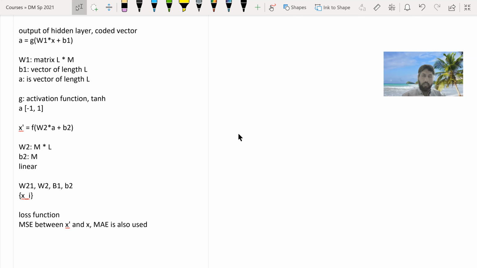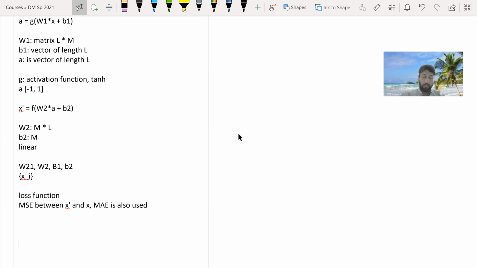How do you learn those parameters? We learn them by minimizing a loss function. The loss function is basically trying to ensure that the sum of squared error or the mean squared error between X and X prime is as small as possible. The mean squared error over a data set is simply: the data set has size n, so 1 over n, of course this is the mean, then you have the sum over all i.